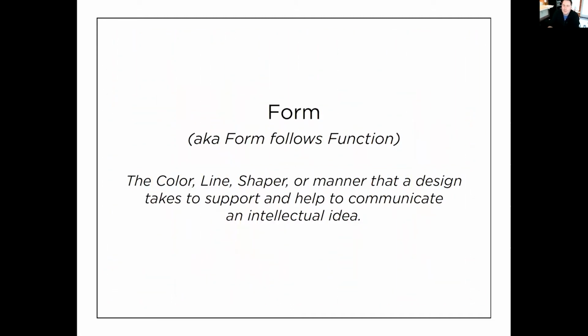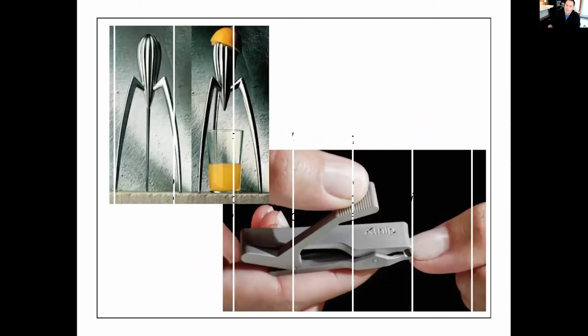All right, there's a term in graphic design that we refer to called form follows function. What that simply means is that if you're doing a design, it needs to function first before it can look pretty. It's the line, color, shape, or manner that a design takes to support and help to communicate an intellectual idea.